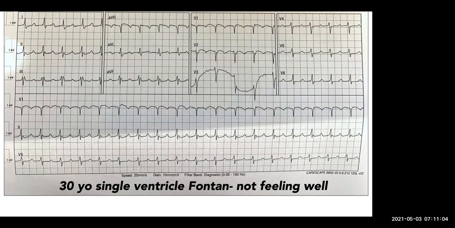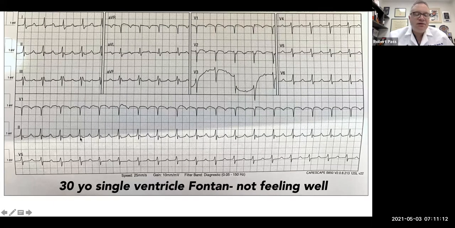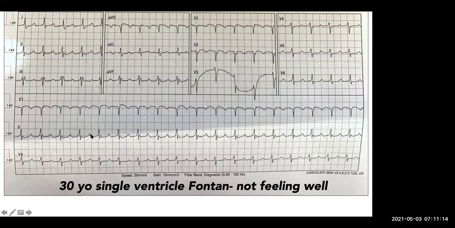I see a deflection that might be a T or might be a P wave with a prolonged PR interval. I'm talking about that deflection there. So I'm wondering if it's a T or a P with a prolonged PR.